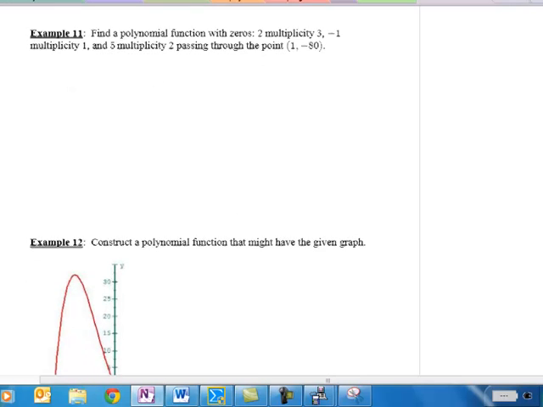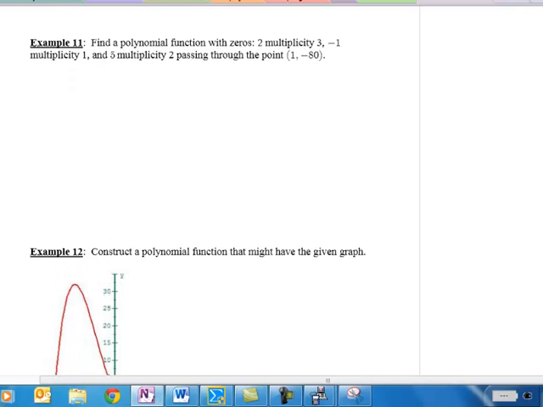A couple more here of just coming up with a polynomial with a given set of characteristics. So example 11 is asking us to find a polynomial function with specific zeros: 2 with multiplicity 3, which means we're going to have a factor that looks like (x - 2) cubed; negative 1 with multiplicity 1, that's going to be a factor of (x + 1) with exponent 1; and 5 with multiplicity 2, so we want (x - 5) as a factor, and then 2 as its exponent.